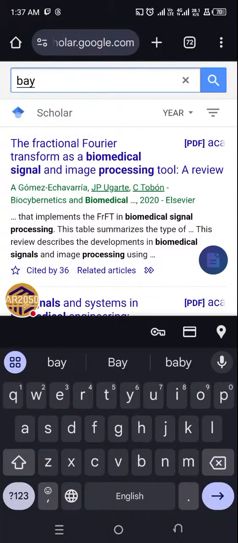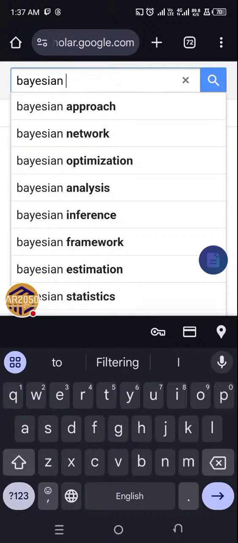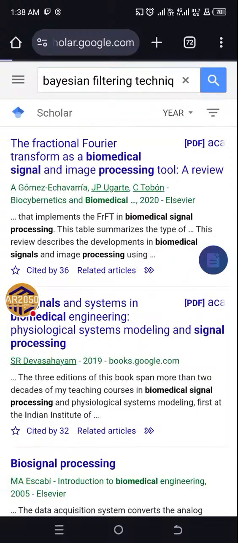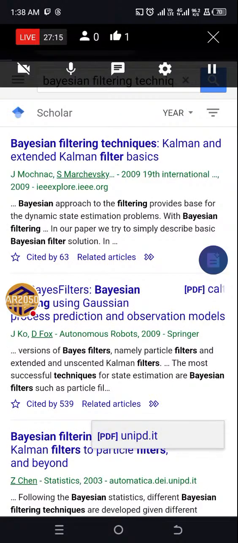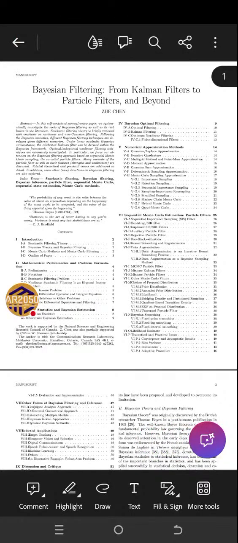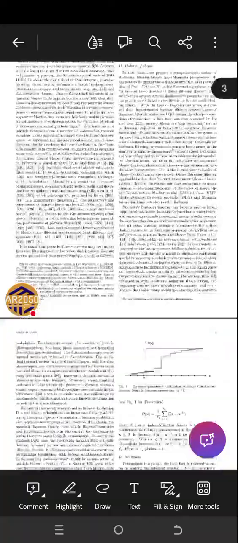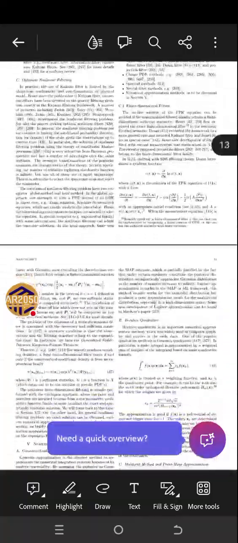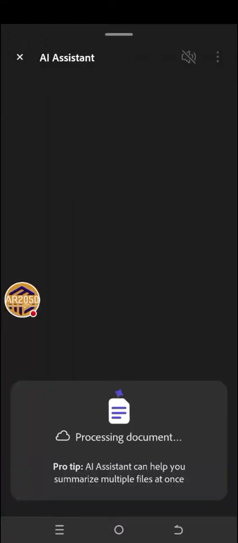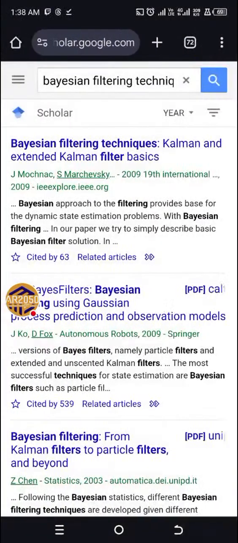Okay. Nonlinear Bayesian filtering from Kalman filter to particle filters and beyond. It's taking too long. Just go back.